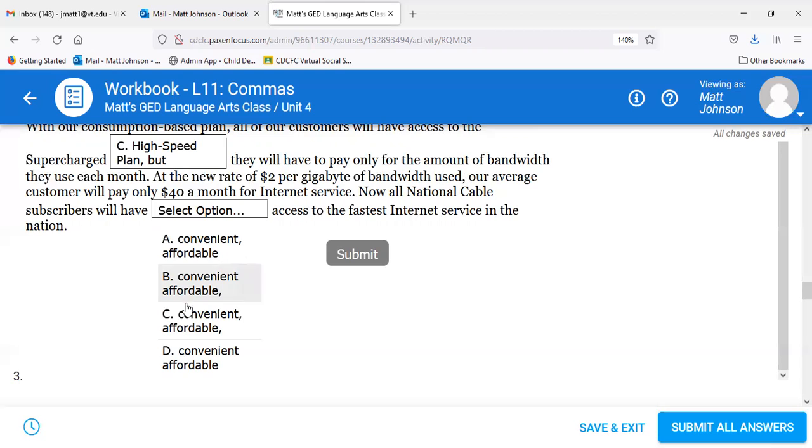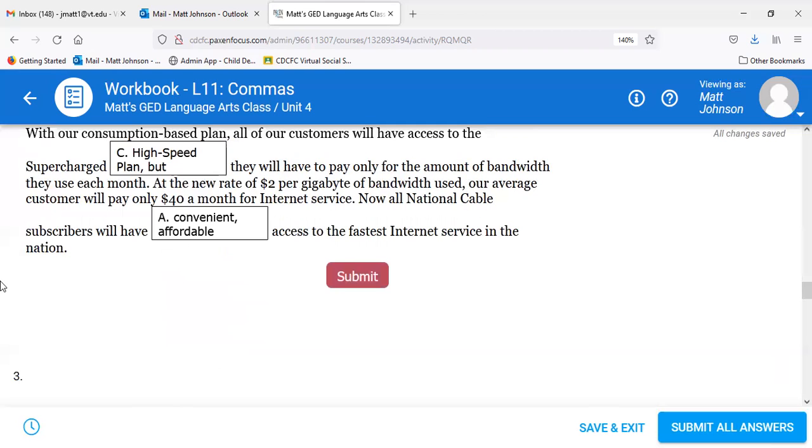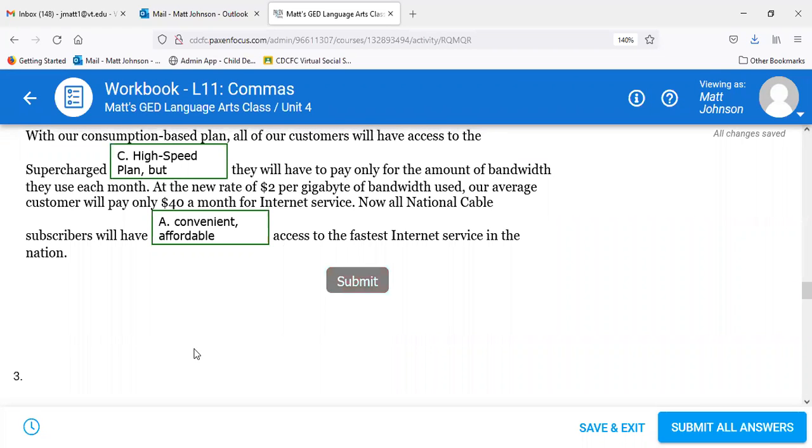Yeah, is it a clause? What was that? What you said. Yeah, adjective. Yeah, it's descriptive words, right? So it's describing what type of access we have. It's convenient and affordable. So those are adjectives. So you're going to set those off with a comma.